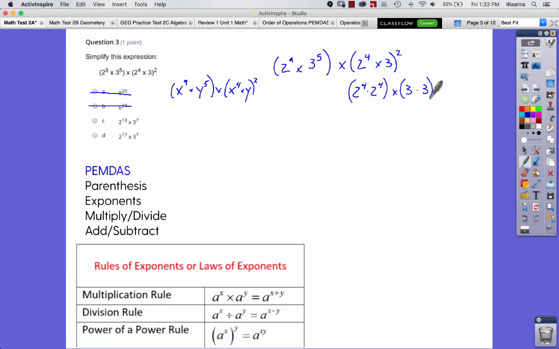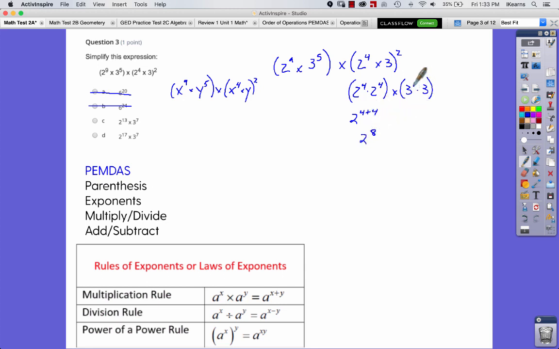That's how you can think of this. If we look at a rule down here, a to the x times a to the y, we add the exponents. That's the multiplication rule. So we add this 4 to this 4 and get 8, which gives us 2 to the 8th.